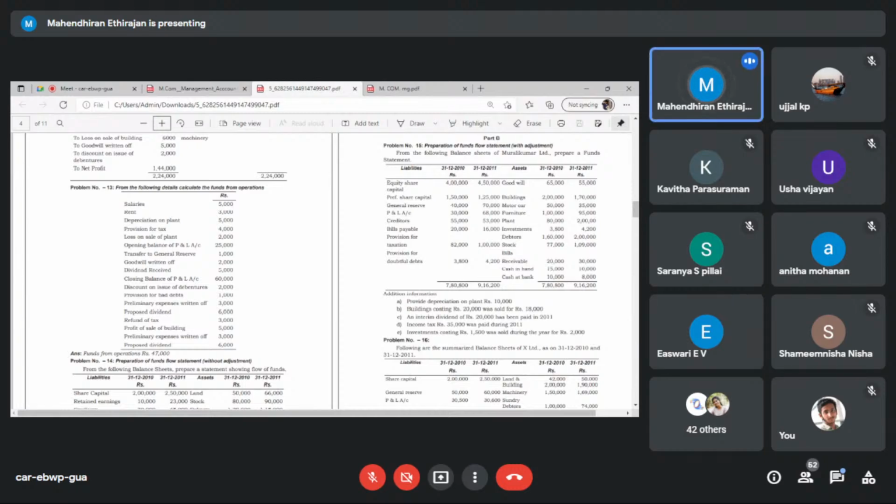Add goodwill write-off 2,000 rupees. Goodwill write-off is over. And again you go back: discount on debentures 2,000. Add provision for bad and doubtful debts 1,000. Preliminary expenses written off 3,000. And the proposed dividend 6,000.